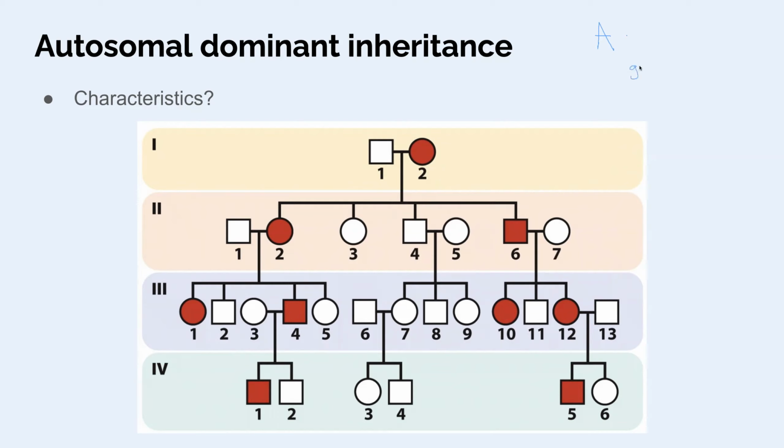So if we have that as the condition, with dominance, the genotypes of individuals that could be affected, we could have a homozygous dominant individual or a heterozygous individual. And again, for simplicity, we're working with just two alleles, dominant or recessive. So in this case, anybody who has the trait, we know that they have at least one big A, and we can work kind of forwards and backwards through this.